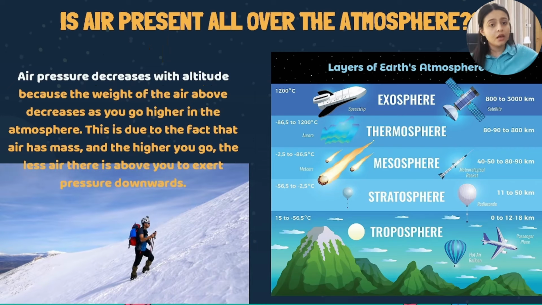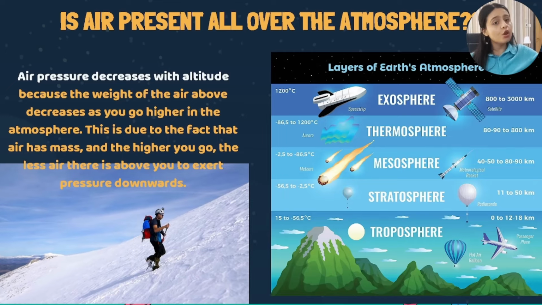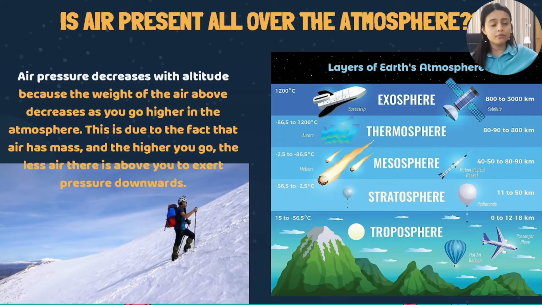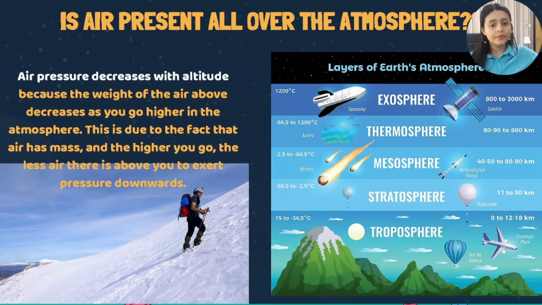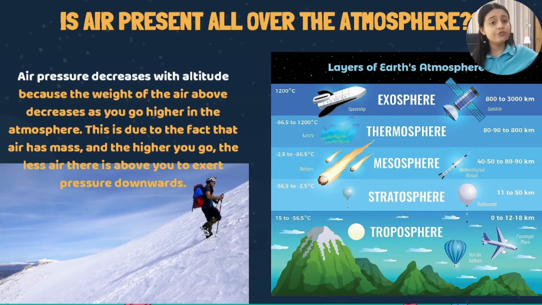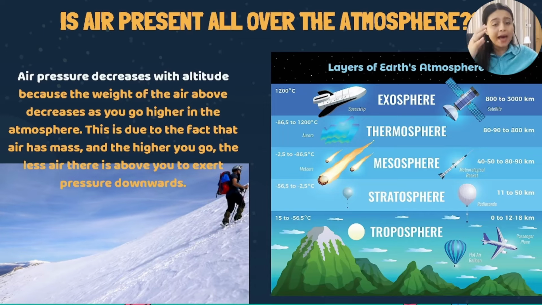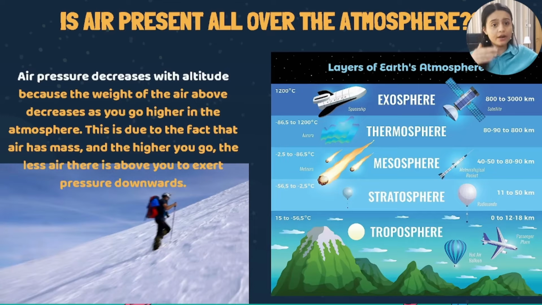Is air present all over the atmosphere? Yes, we have learned now that air is present everywhere. But my dear students, as we go upward on our map, we see there are the Himalayas on our northern side. It means there are hills.